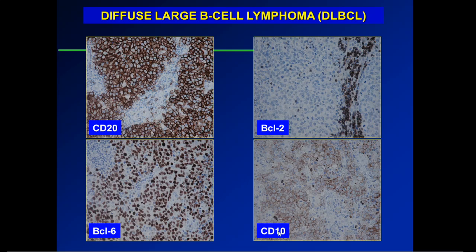And these two markers give us the possibility to say that this is a subvariant from germinal center. So we have two subvariants, non-germinal cell and from germinal cell. So BCL6 plus and CD10 plus gives us the possibility to say that this is a variant from germinal cells, a subvariant of the centroblastic variant of diffuse large B-cell lymphoma.